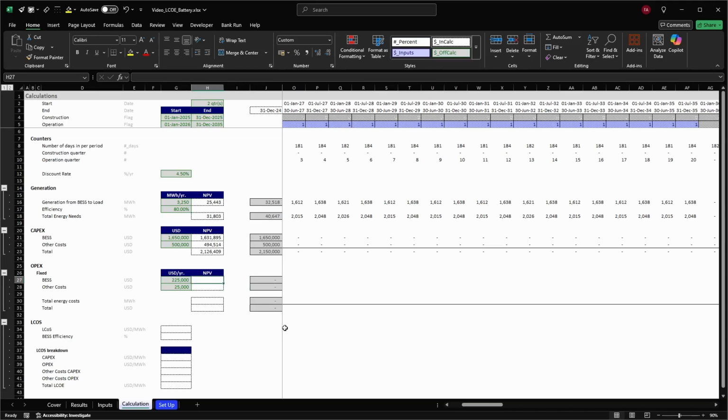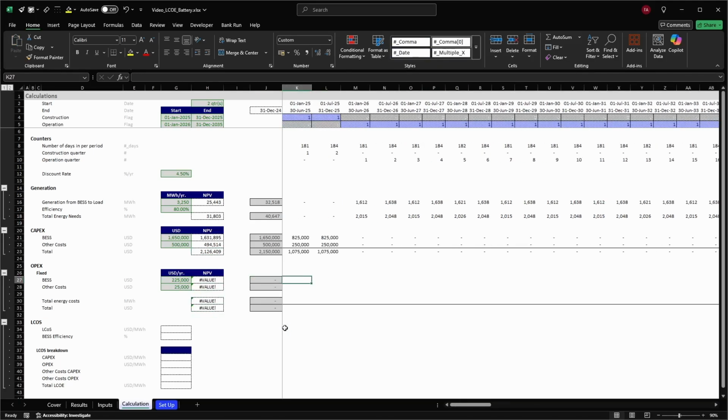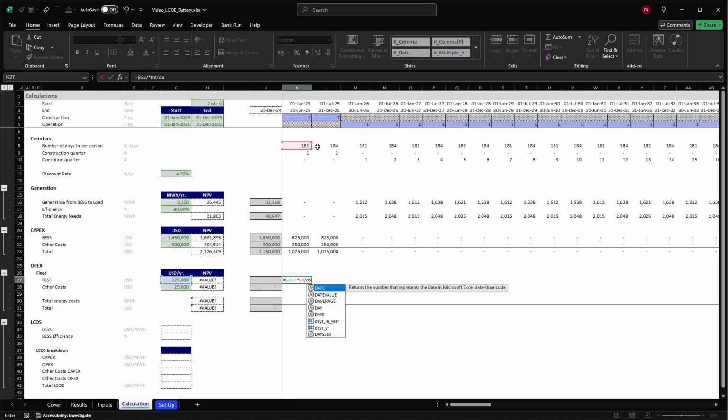Okay, cool. I'm going to grab and copy the NPV. Sorry, should be Control C. So here's Control V, and I'm going to press Enter. So how to calculate the cost per year? It's going to be equal to this number. I'm going to press F4 3 times, multiplied by the days per period, divided by the days in a year over here, and I'm going to press Enter.